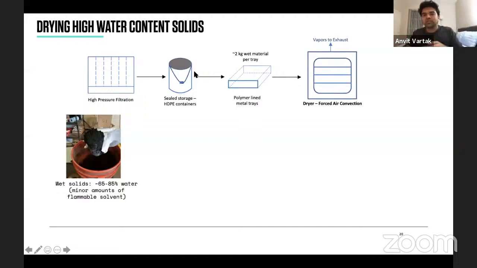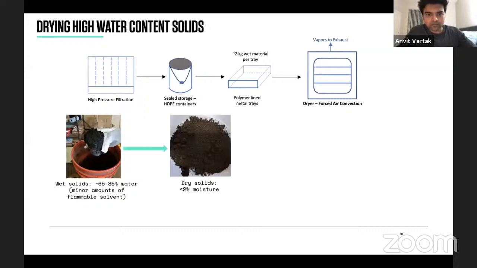And when you have to process it, you pour it in trays, and those trays are put into a forced air convection oven. So you can imagine this being like a baking oven that you see in large bakeries with a forced draft convection, meaning a fan on the inside that drives the air currents and helps you dry faster and faster. So you do that, a very simple unit operation, you get to less than 2% moisture content for your solids.